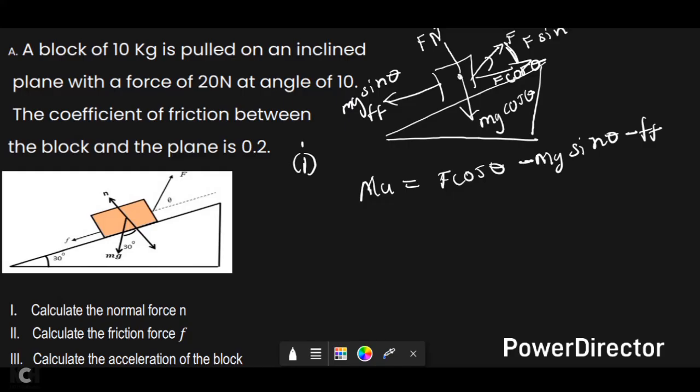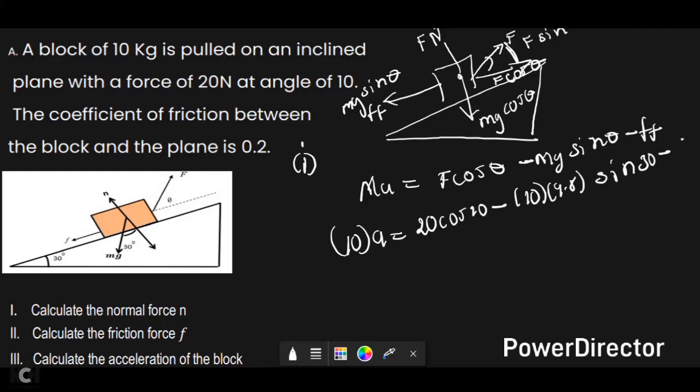So what's m? That's 10. The acceleration is equal to the applied force 20 cos 10, minus, what's m? That's 10, times 9.81, sin what? mg, that is sin 30, minus the friction force, which is 16.3.